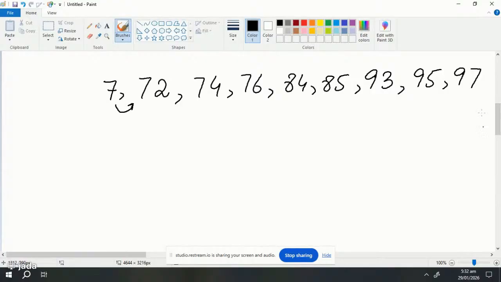Now we check the end: 95 and 97. These are much closer to each other. Checking how removing it makes the mean increase or decrease, we just take the mean.